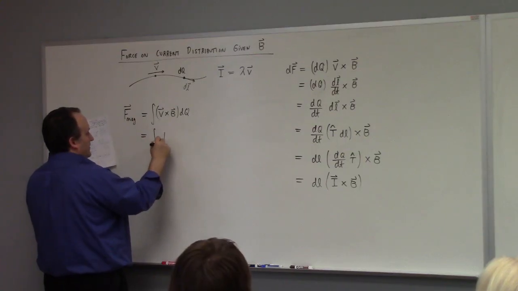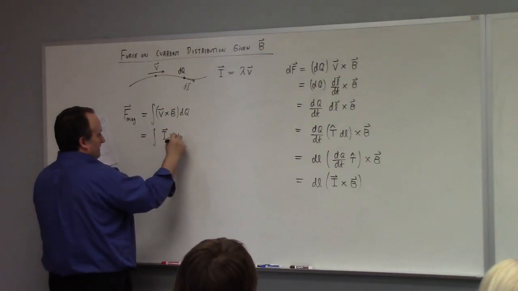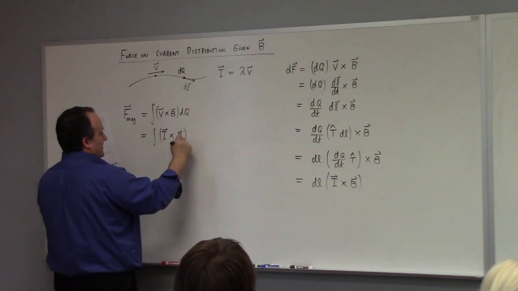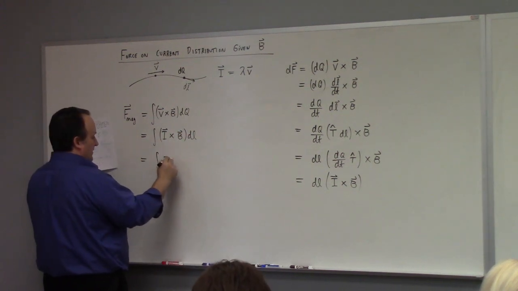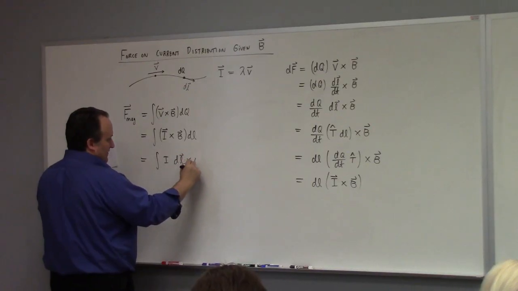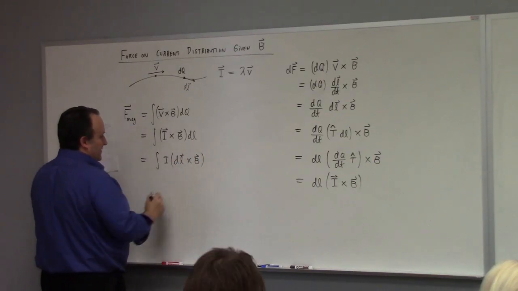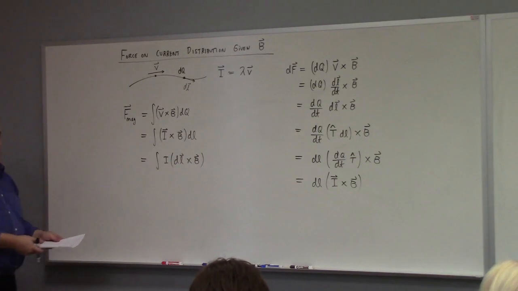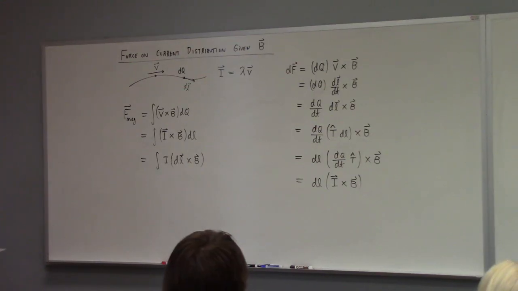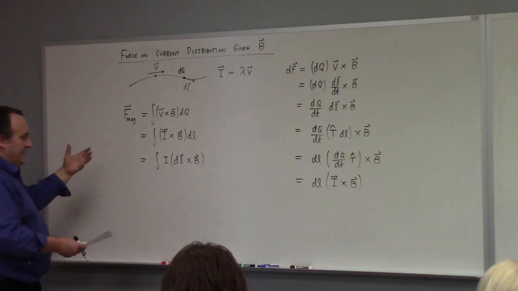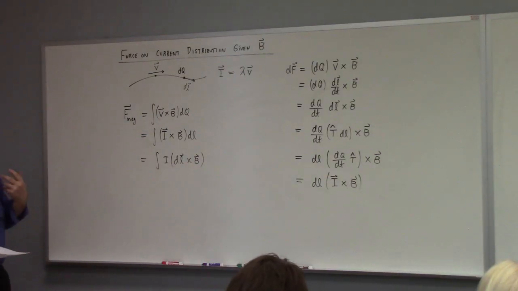You could integrate I cross B times dl, right? You could also integrate I dl cross B. These are different options you have, flavor choices for how you want to calculate the net magnetic force on a wire with current I, all right?